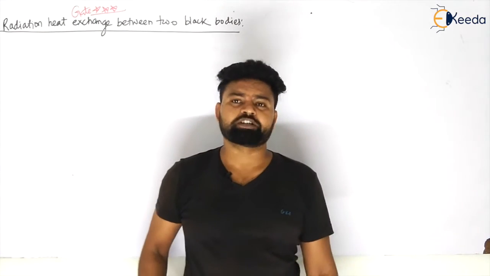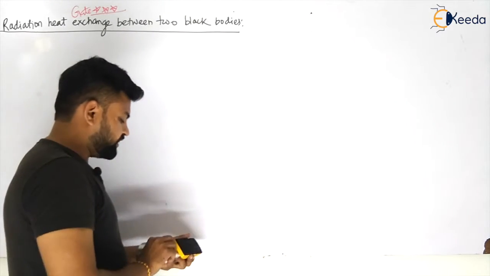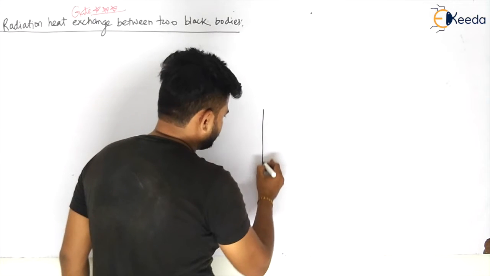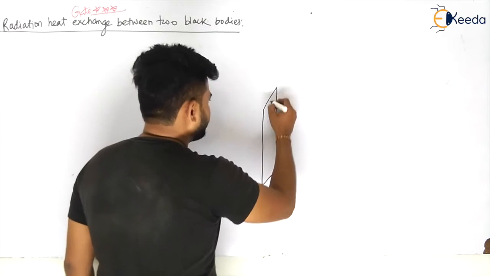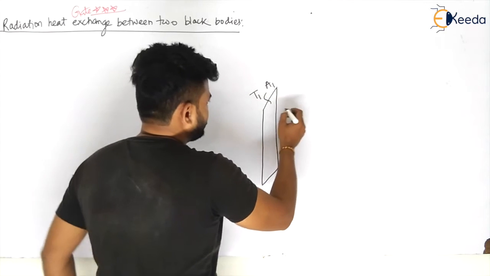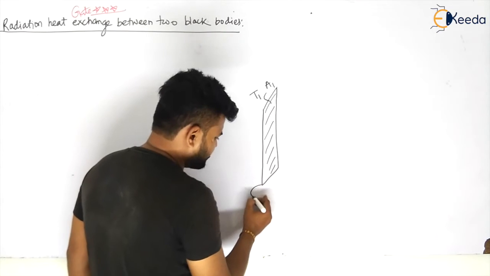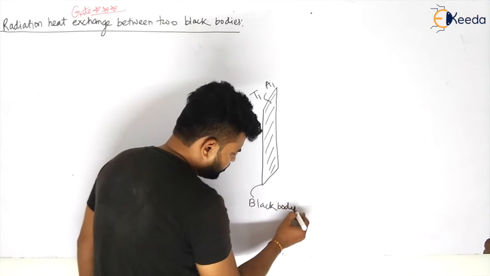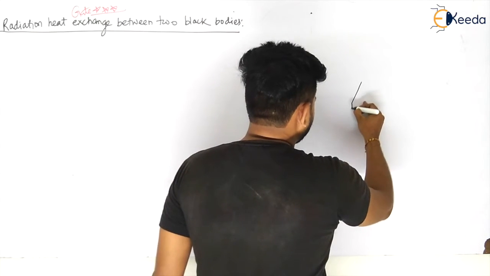If there are two surfaces, my dear students, two black surfaces I am taking. So let us say this is surface 1, having some area A1, temperature T1. Okay, now this is your surface 1, my dear students, that is black body 1, and there is another black body, that is black body 2.